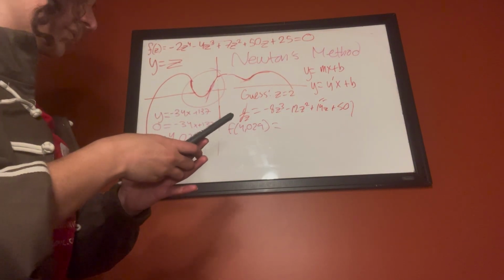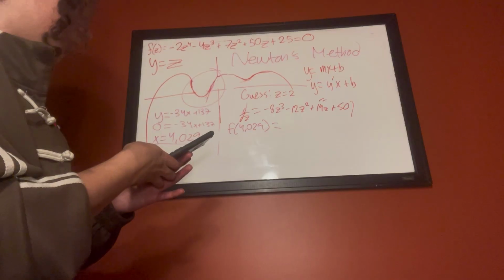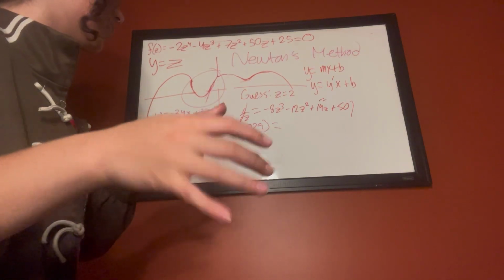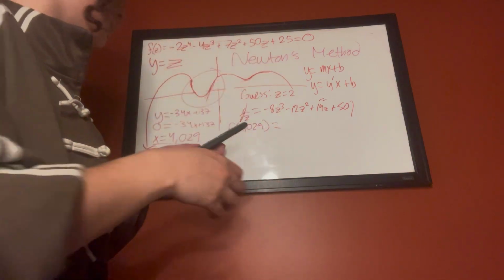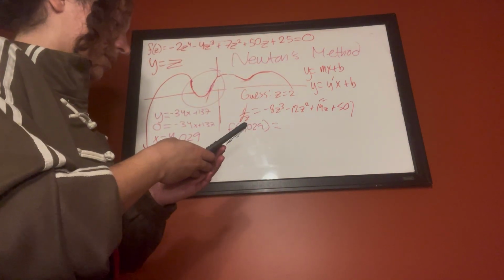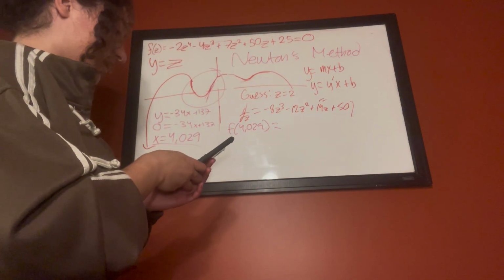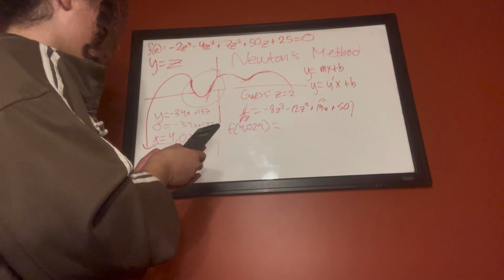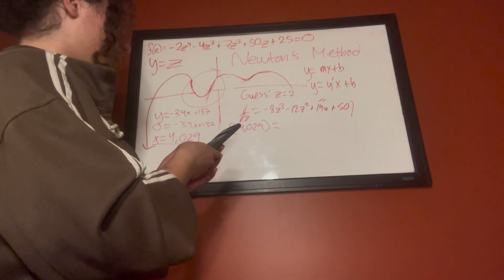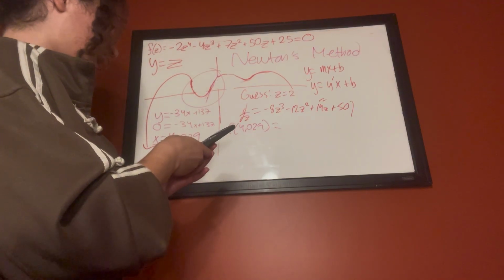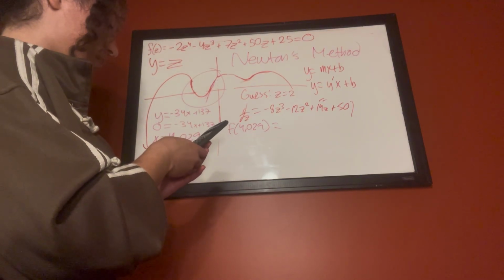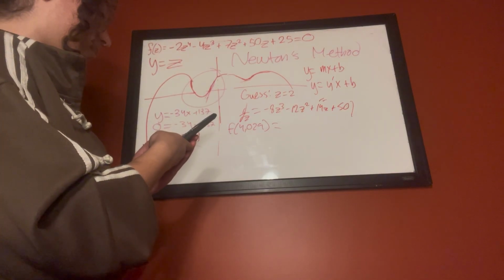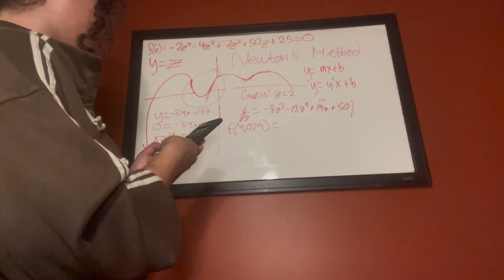So 4.029 cubed times minus 8 gives minus 523, and then minus 12 times 4.029 squared plus 14 times 4.029 plus 50.